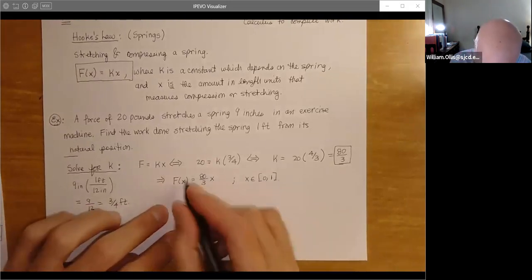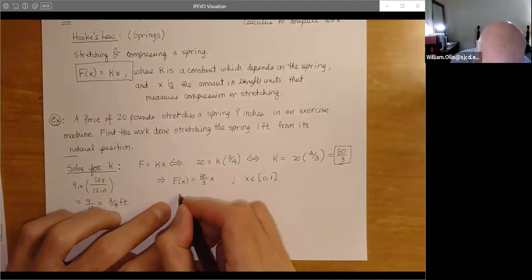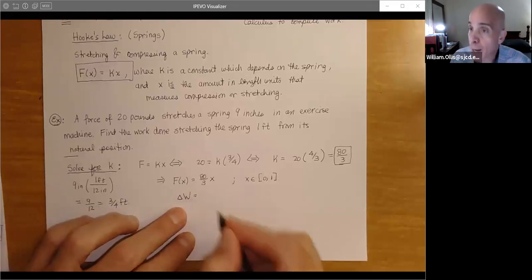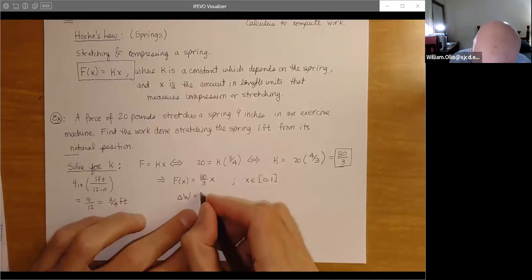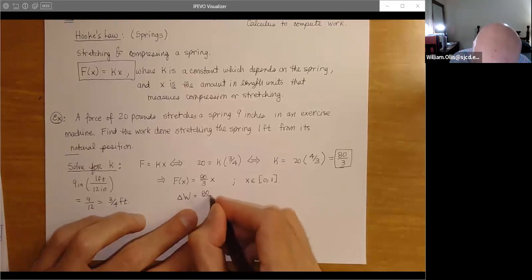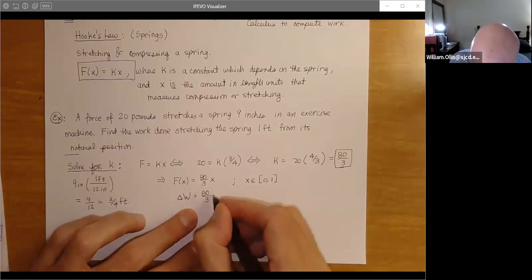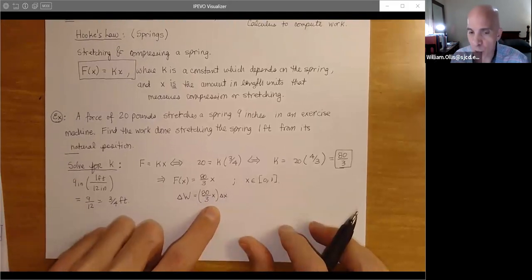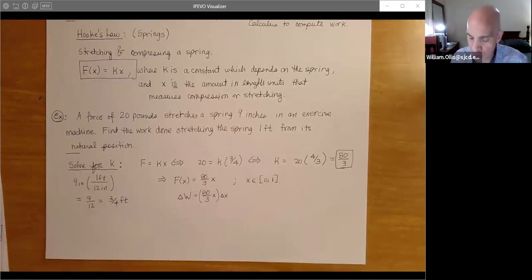And so we do this for each subinterval, but in the limit, that just means we're computing the integral. So for instance, we could say in this case, the change in the work for a particular subinterval will be 80 over 3 x times delta x. So the idea here is that we're not being as formal as we were before, like with the subscripts and things like this.